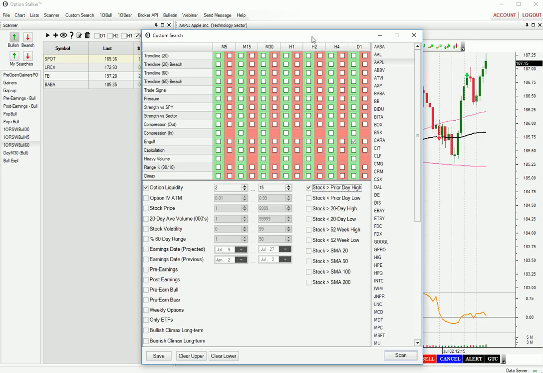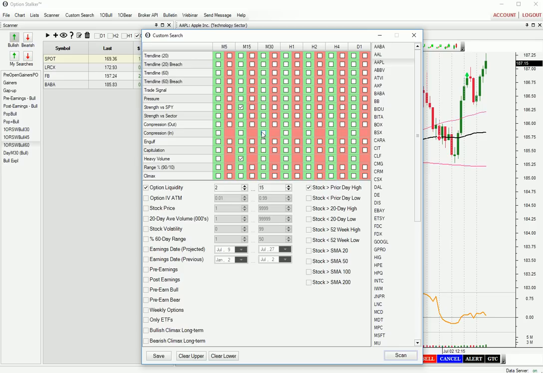And so I can search for volume spikes in the last 5 minutes, the last 15 minutes, the last 30 minutes, the last hour. So I'm going to put up a search here where I'm looking for high volume on a 15-minute basis, and I'm also going to be looking for strength versus the SPY.